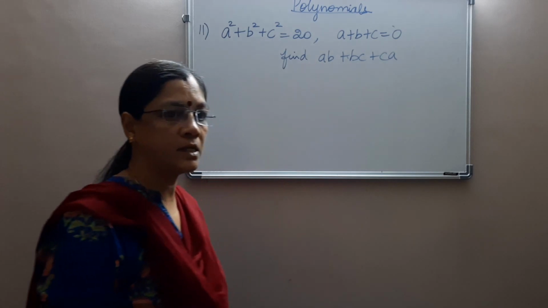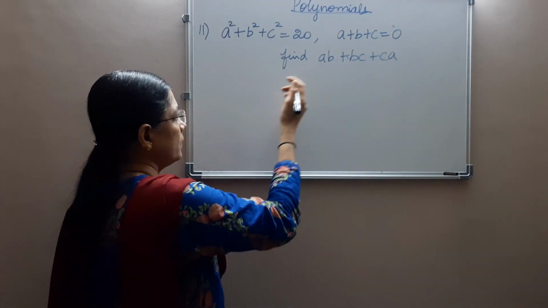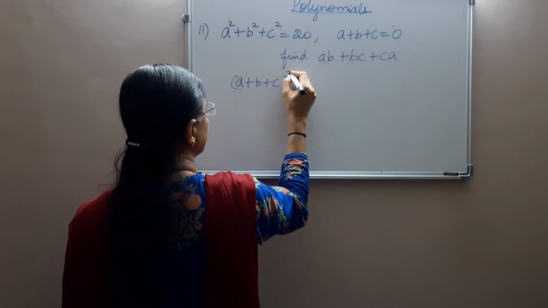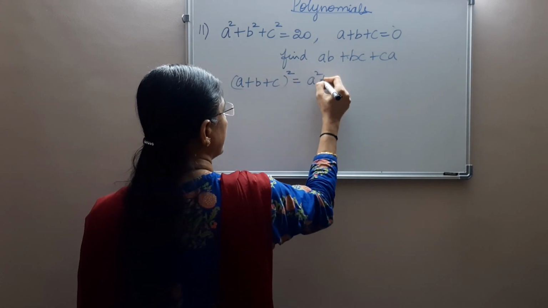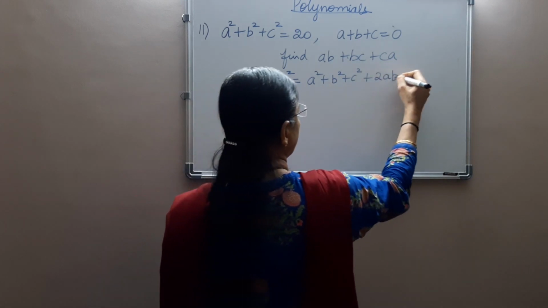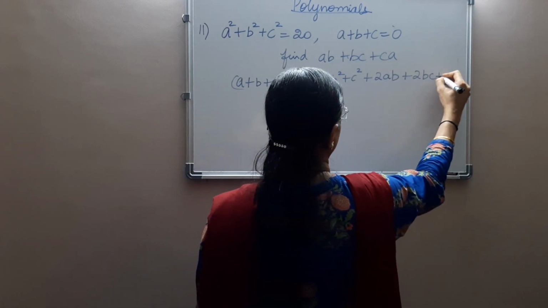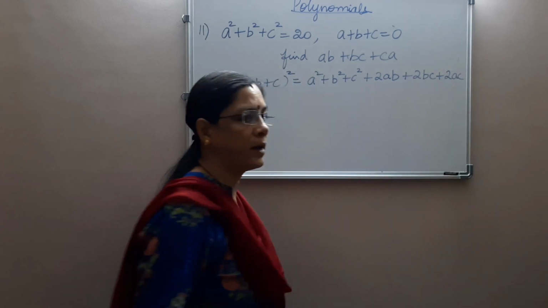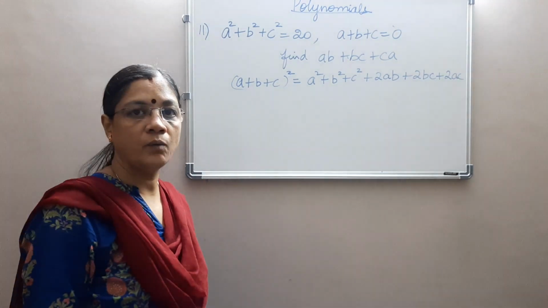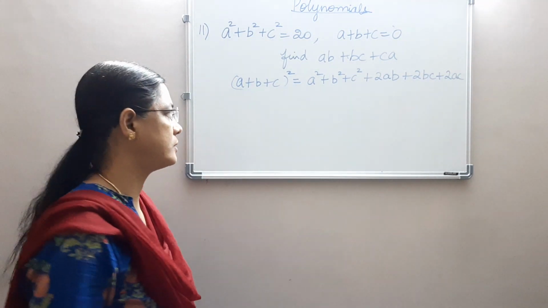So whenever I see square identities with 3 variables, just write down the identity. A plus b plus c the whole squared is equal to a squared plus b squared plus c squared plus 2ab plus 2bc plus 2ac. So this is your required identity, because you have 3 variables and the square identity.